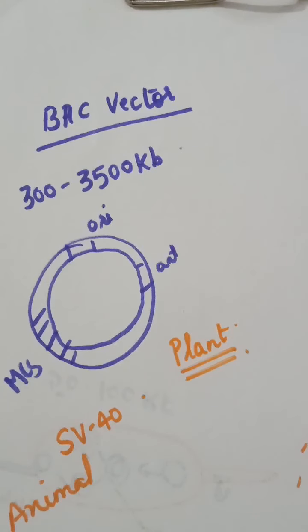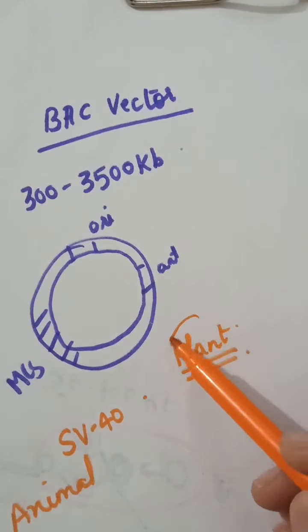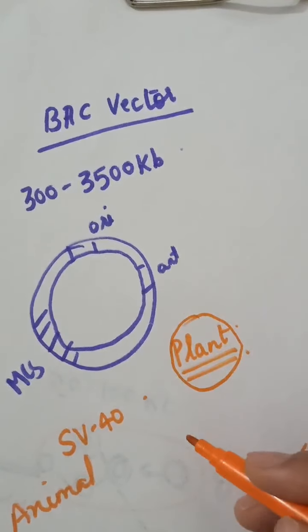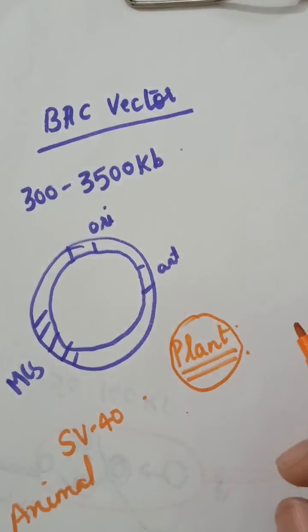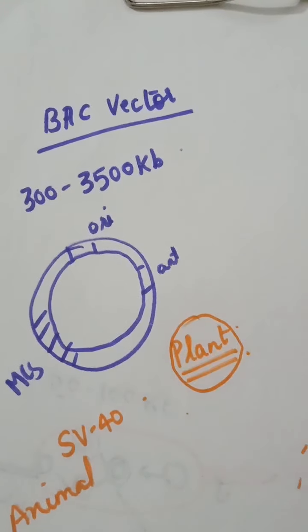If we want to make a transgenic plant and introduce our gene of interest into a plant, we have one option, which is to use plant viral vectors. So these are the plant viral vectors which can be used in some plants.